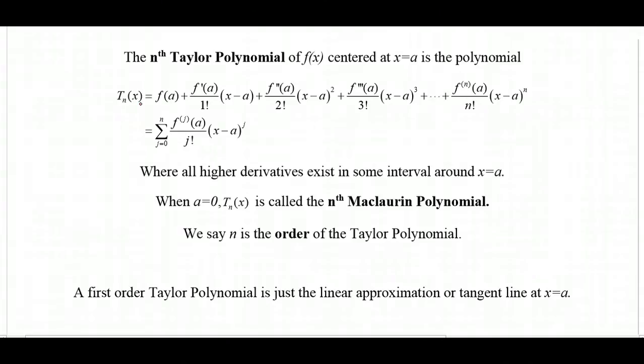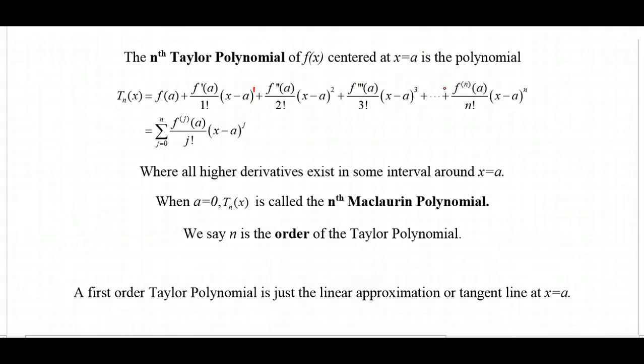So the notation for the nth Taylor polynomial is T sub n of x equals f of a plus f prime of a over 1 factorial times x minus a to the 1 plus f double prime of a over 2 factorial times x minus a squared plus f triple prime of a over 3 factorial times x minus a to the 3rd power.